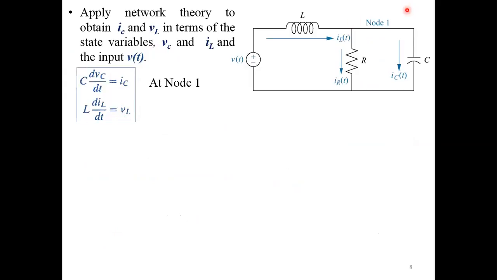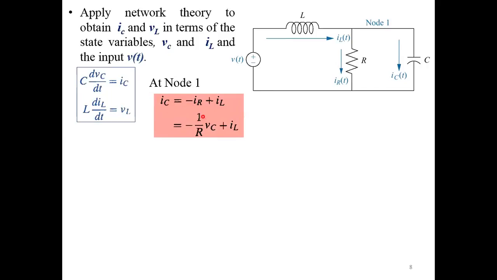At node 1, IL will be equal to IR plus IC. So here we get IC equal to minus IR plus IL, because IL is the sum of IC plus IR.